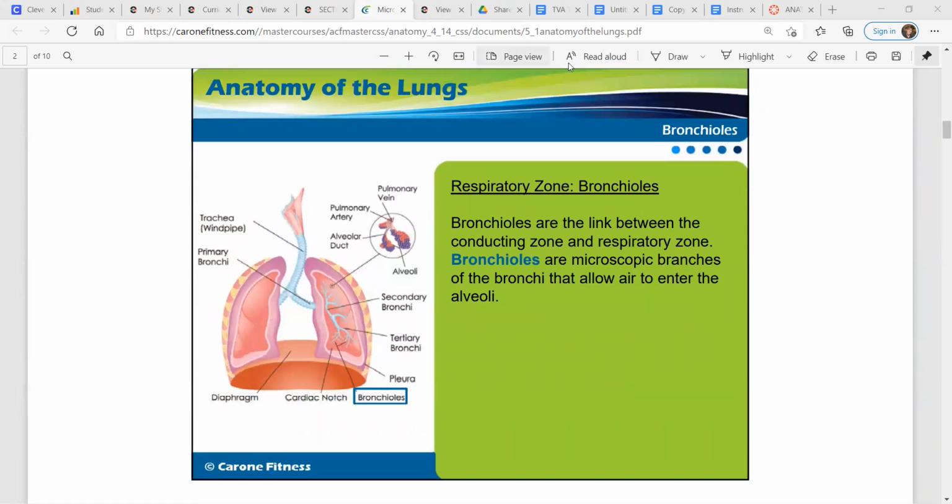Respiratory zone, bronchioles. Bronchioles are the link between the conducting zone and the respiratory zone. Bronchioles are microscopic branches, very tiny, on the bronchi that allow air to enter the alveoli.